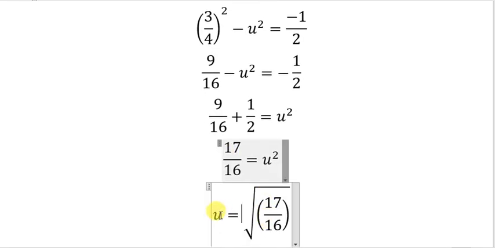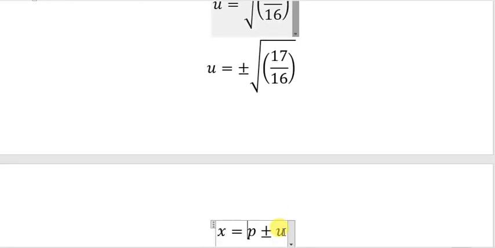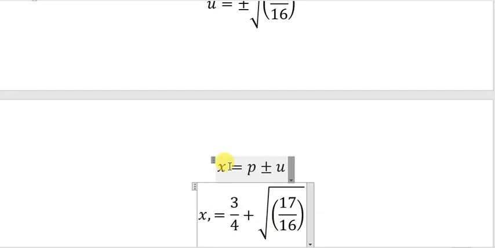So we find the root of u. Finding the root of u will give us plus or minus the root of 17 over 16, right? The next thing we do is to input it into our setup for finding the two different factors, which is x is equal to p plus or minus u.